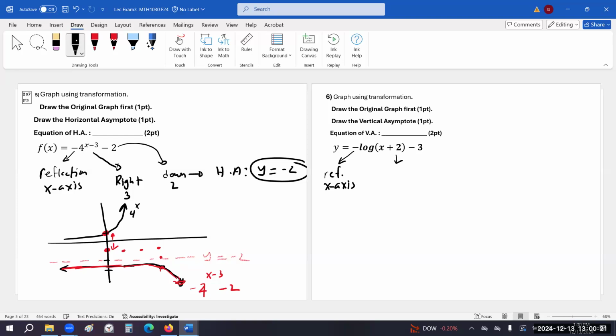Plus 2 next to the x, we're supposed to go right, but we don't. We go left 2. Single number, we are filling down. So it's down 3. No reflection for the y-axis, you have to have a negative sign in front of x. The log parentheses negative x plus 2, that would be reflection on the y-axis. We're not gonna get that.